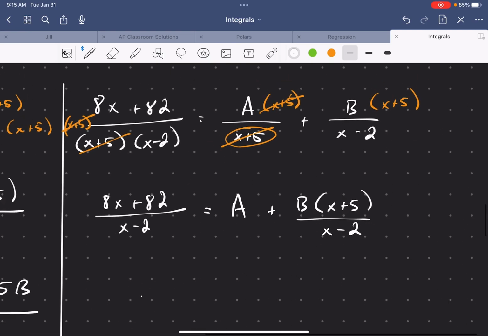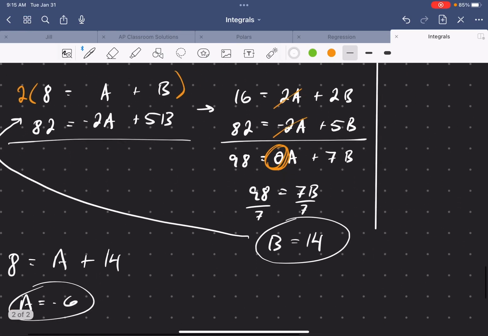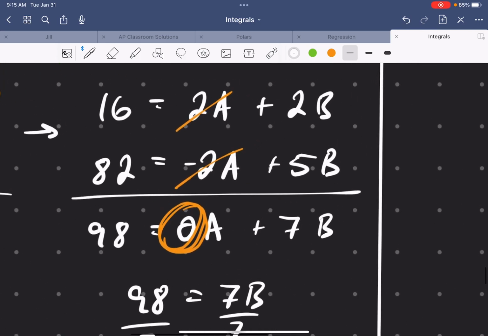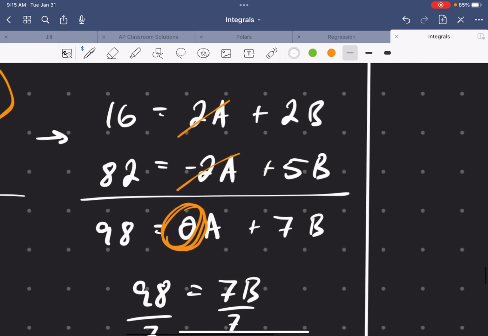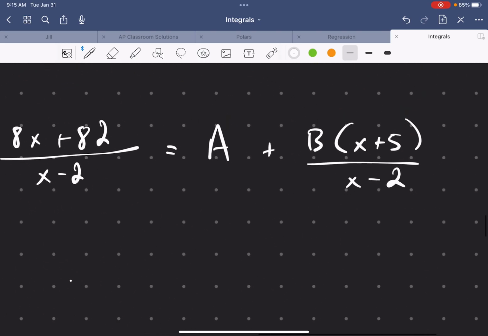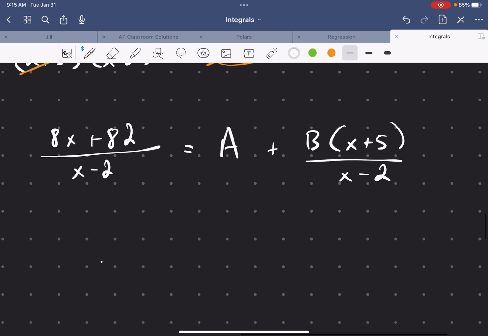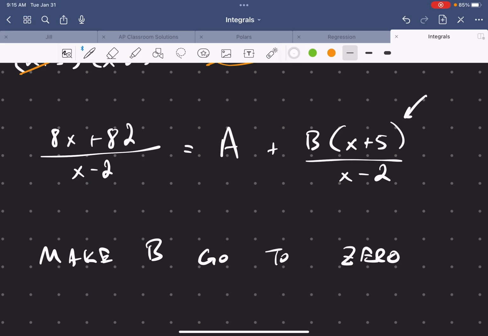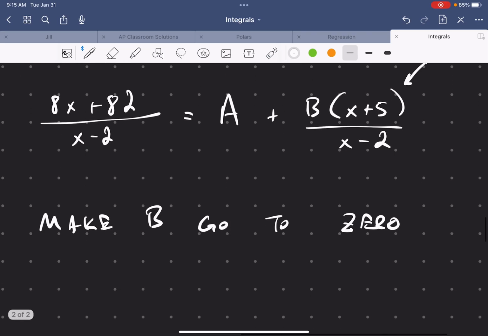So remember, and I know I've said this a few times, our goal is to try to get rid of a or b by making it go to 0. So I could actually use that trick here. I can make this b go to 0 by choosing an x that would make the x plus 5 equal 0.